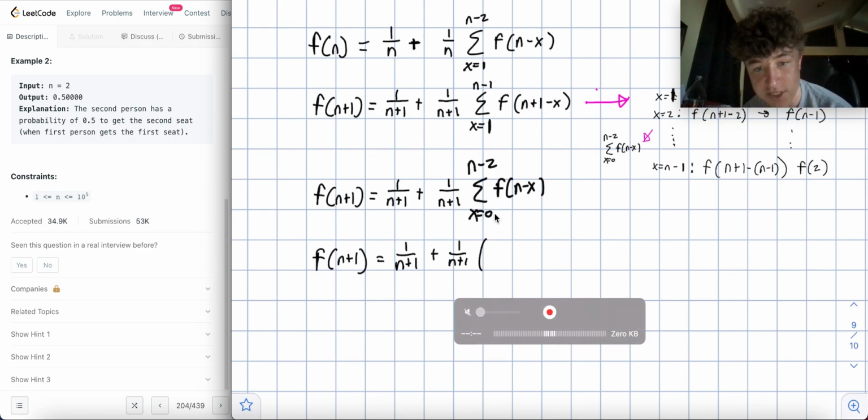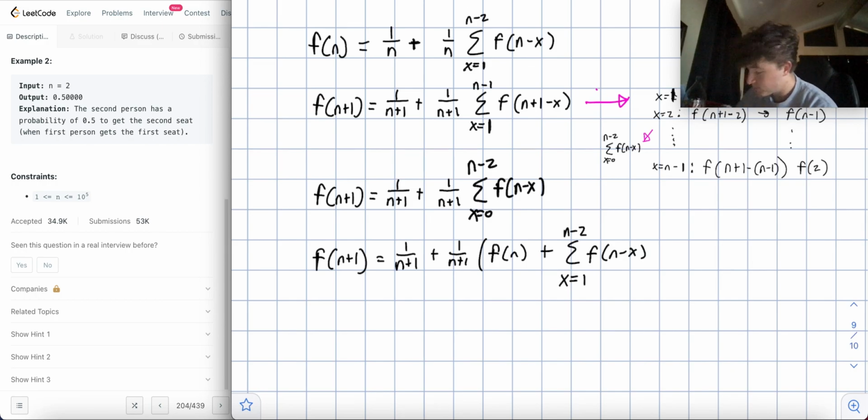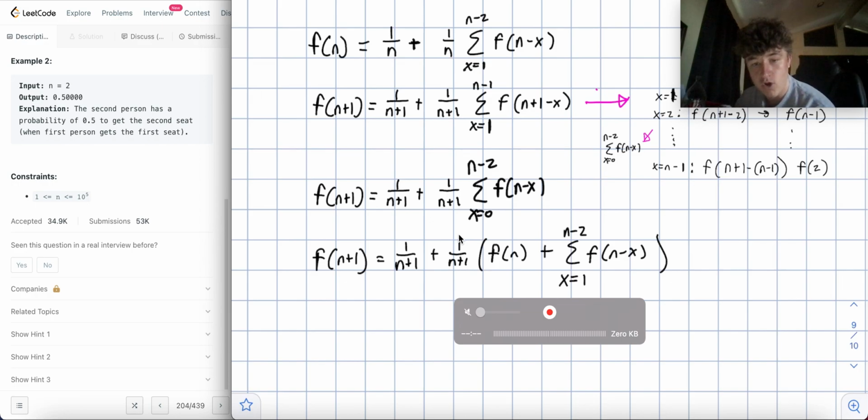So that would be x of 0 equals f of n minus 0, which is f of n. So that would be f of n plus, and then the summation just continues, but now it continues from this point forward.